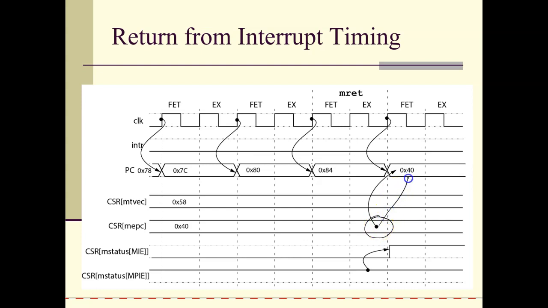We're going to put that into the program counter because that needs to be the next instruction we execute. That's one thing. And then I'm going to take that MPIE bit and copy it to MIE, which has the function of re-enabling the interrupts. And essentially that's it for returning from interrupt. You can see there's an MRET instruction there. It's just a normal instruction, nothing fancy about it, 2 cycles.